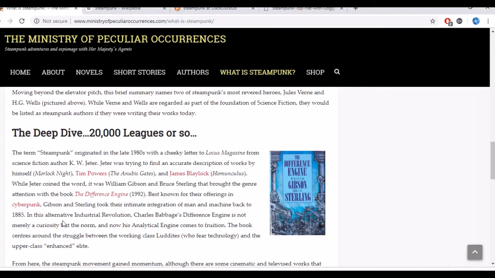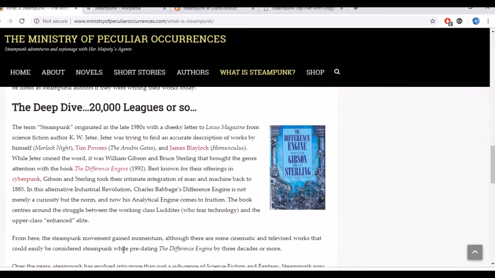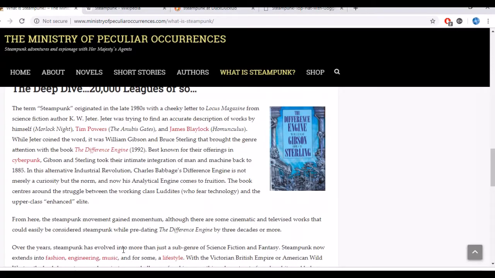In this alternative industrial revolution, Charles Babbage's difference engine is not merely a curiosity but the norm, and now his analytical engine comes to fruition. The book centres around the struggle between the working class Luddites, who fear technology, and the upper class enhanced elite. From here the steampunk movement gained momentum.